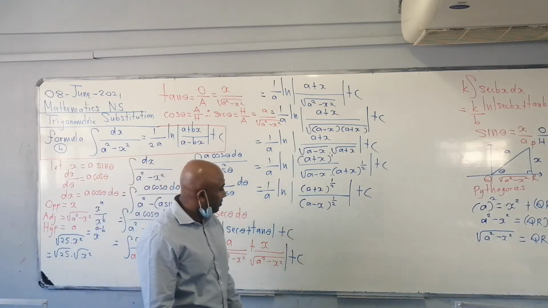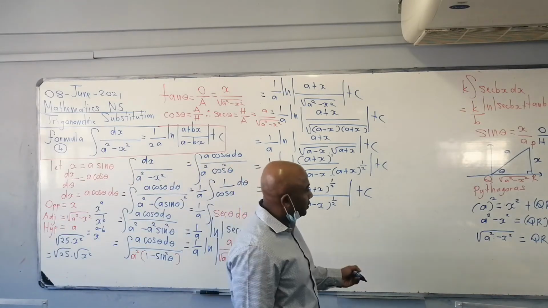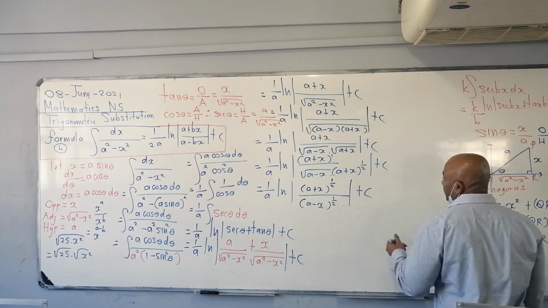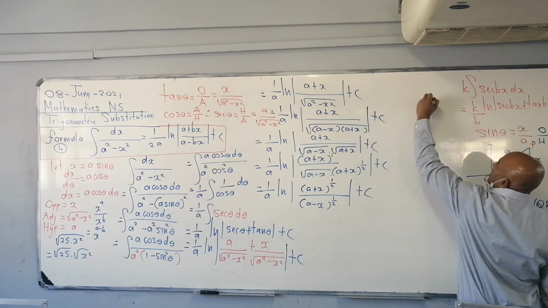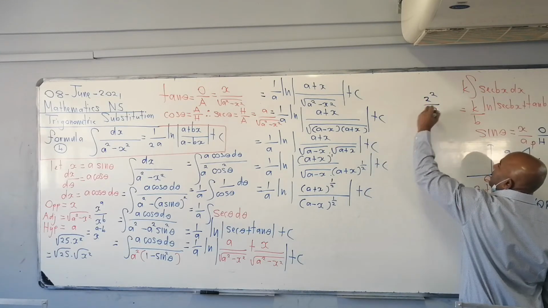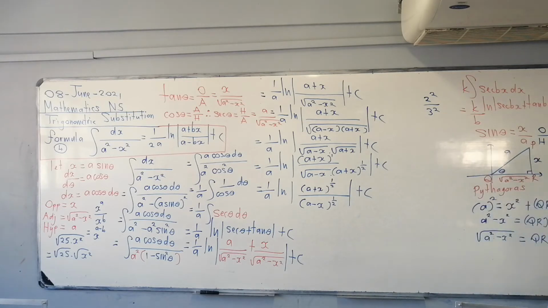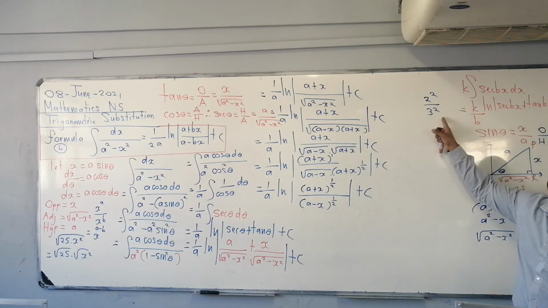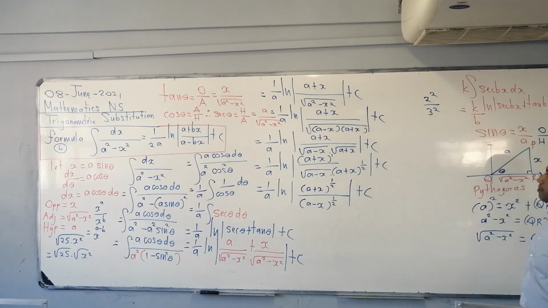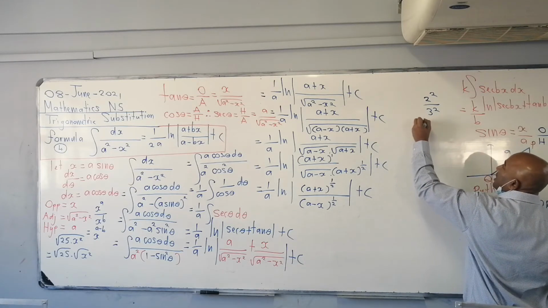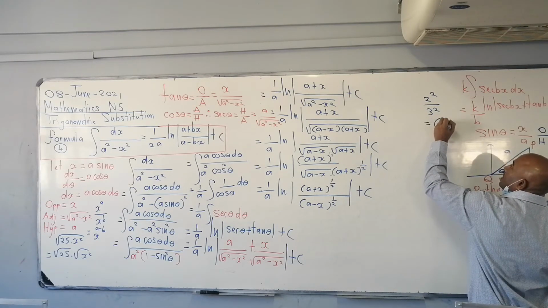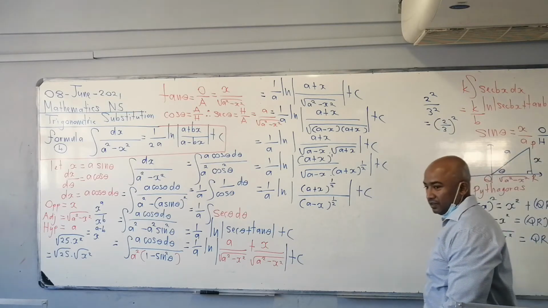What do you notice now about the powers? They are the same. So now, going back again, a lot of exponents involved here. If I have something like 2 squared divided by 3 squared, what do you notice about the powers here? They are the same. So this can be written as 2 over 3 all squared.